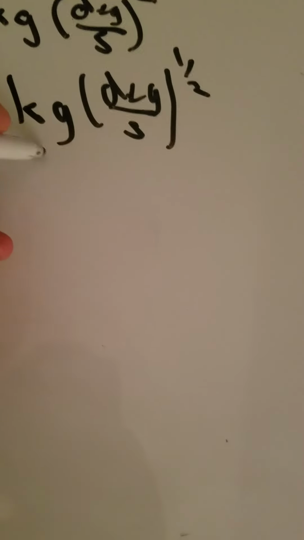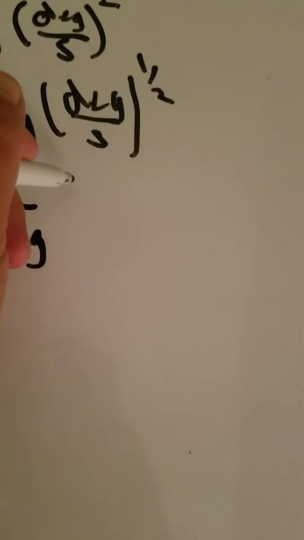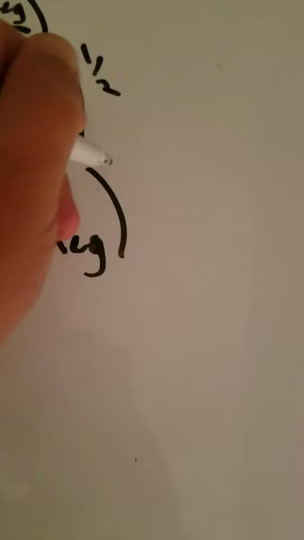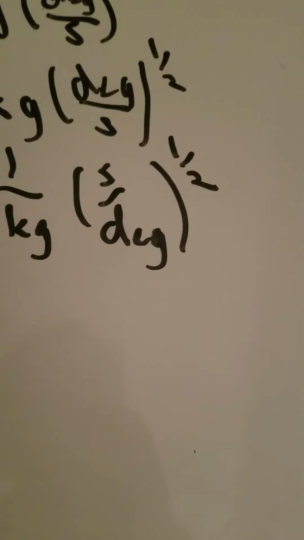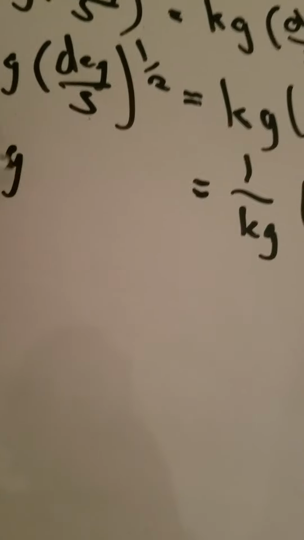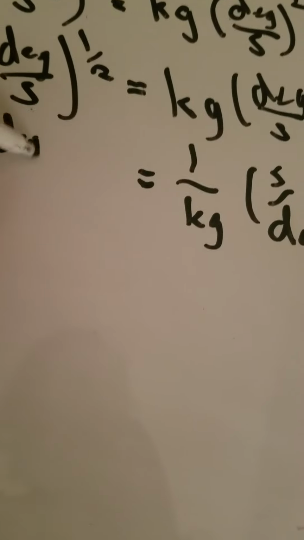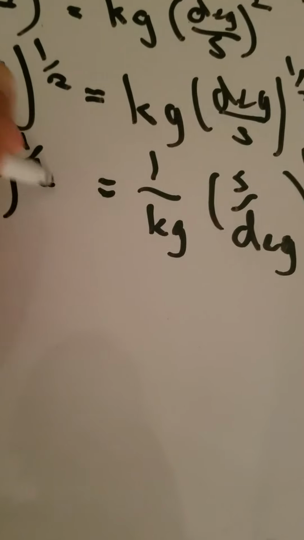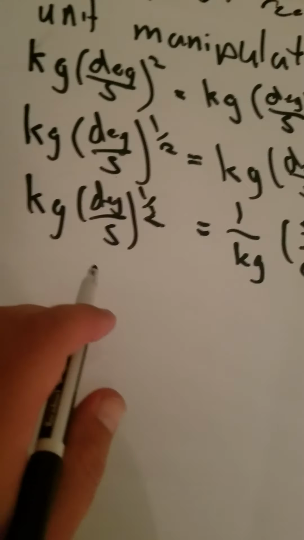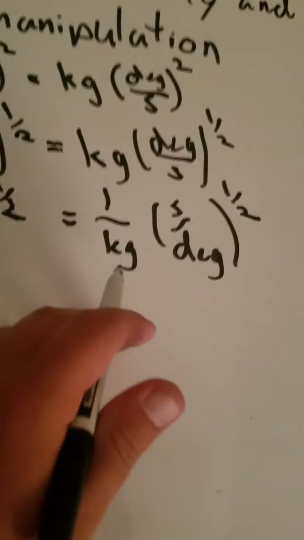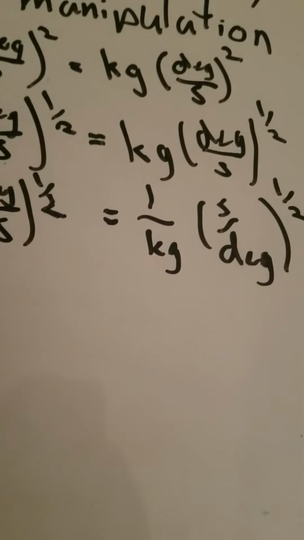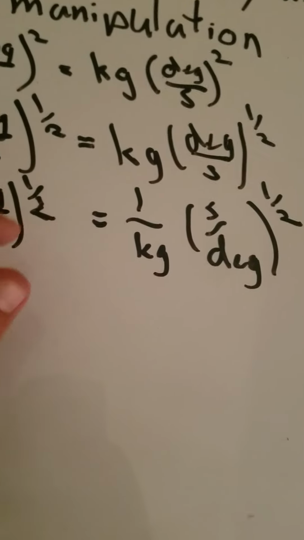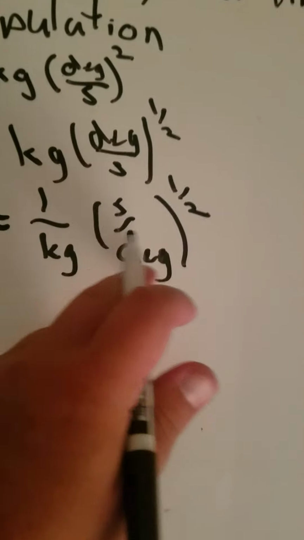So we end up with 1 over kilograms times seconds over degrees, still to the 1/2, equals kilograms degrees over seconds to the 1/2. Then we multiply by the kilograms, so we get kilograms squared, and we divide out the degrees over seconds to 1/2 to the seconds over degrees.